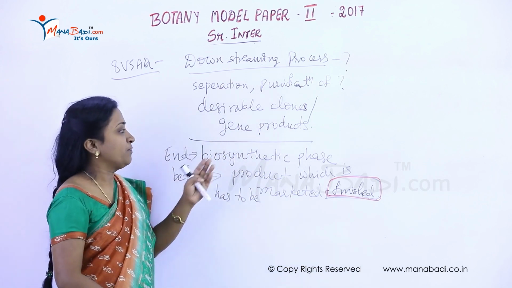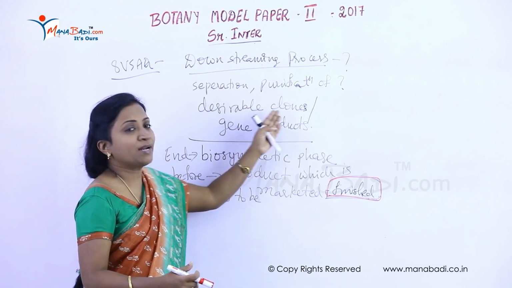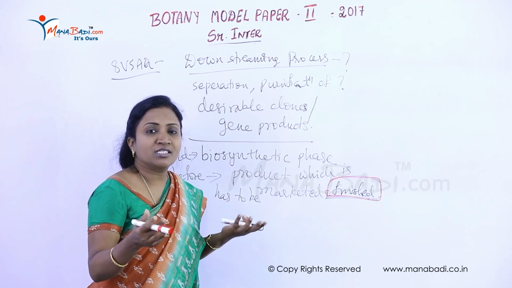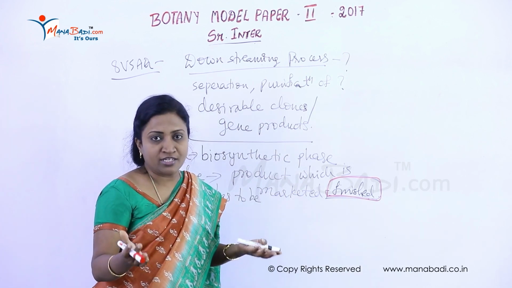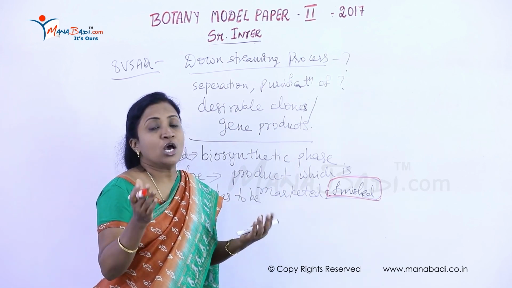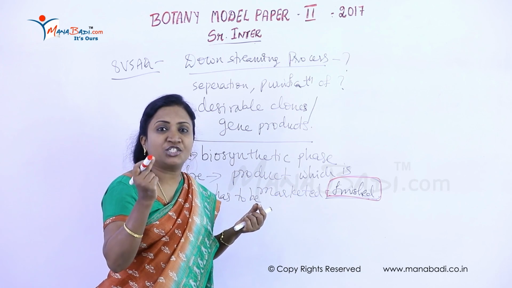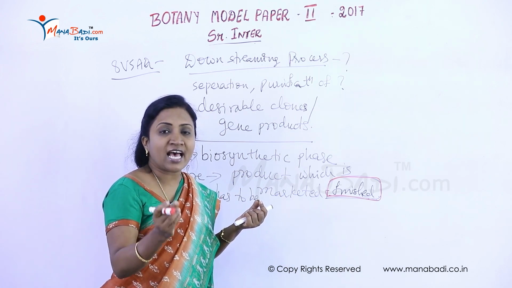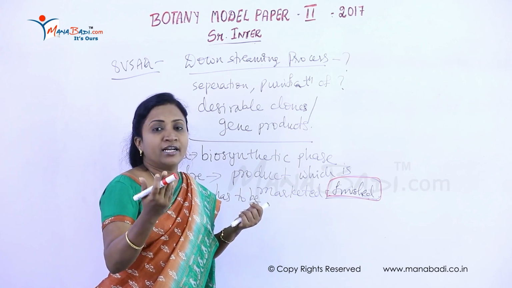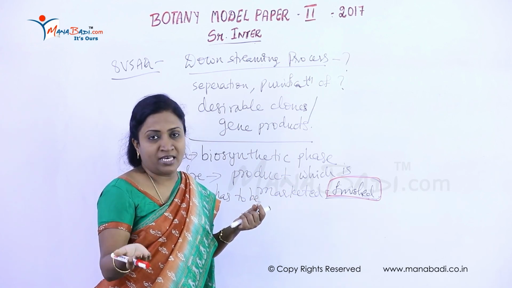As I have already told you, desirable clones or gene products are usually attained by genetic engineering technology, that is the recombinant DNA technology, wherein a single desirable gene can be multiplied into a number of copies.